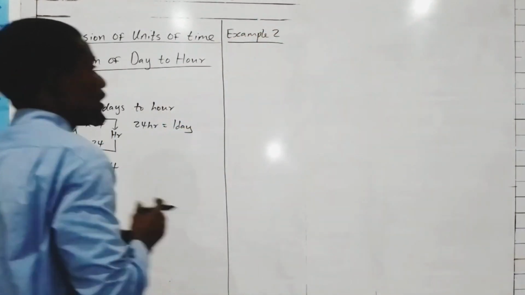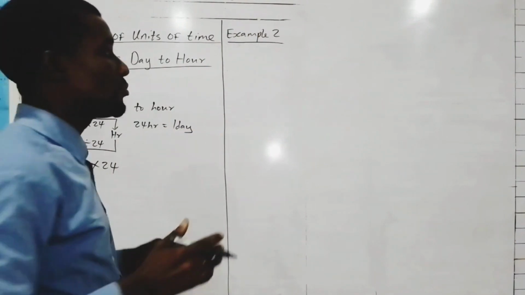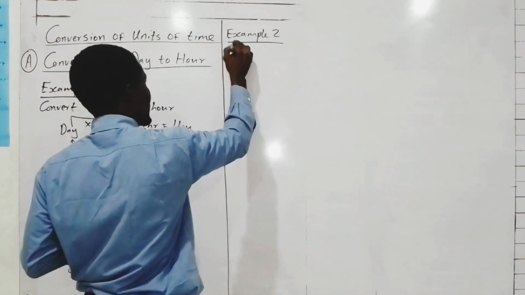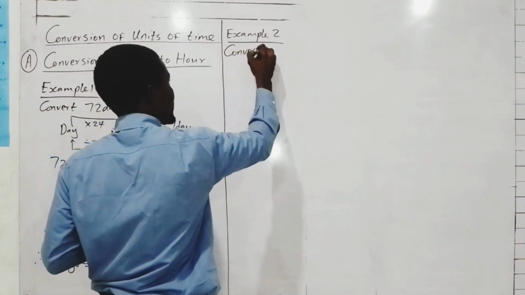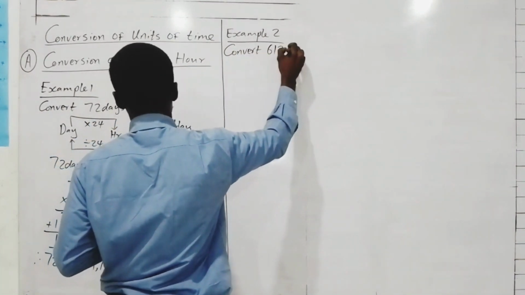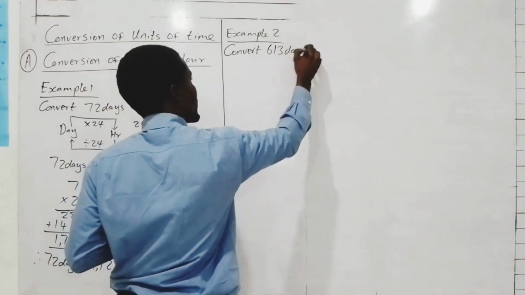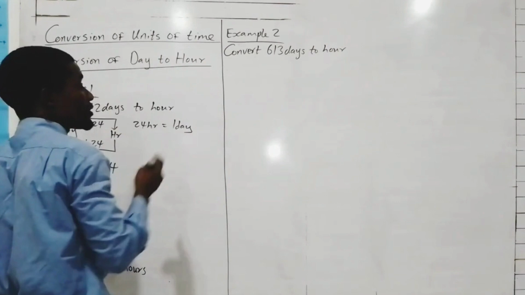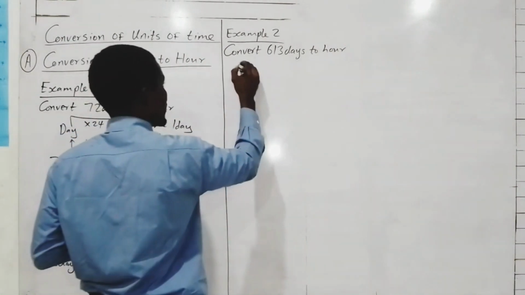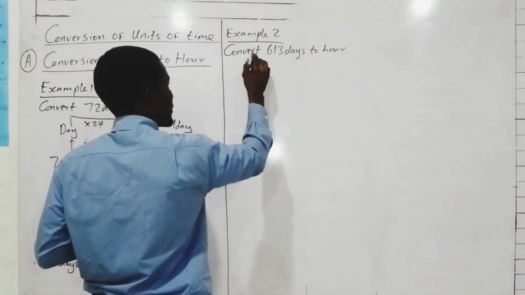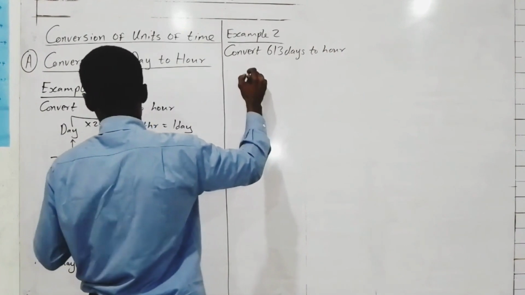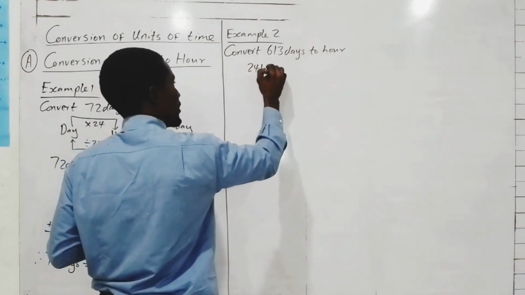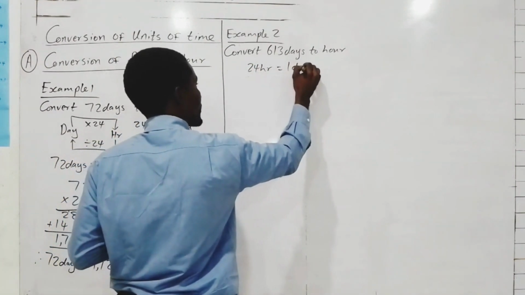Example 2. Let's convert 613 days to hour. Let's convert 613 days to what? To hour. So we recall that 24 hours equals to what? 1 day.